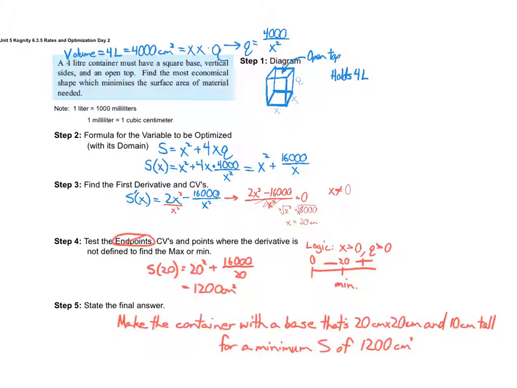And by the way, if you write out your full answer like that, then even if you weren't sure what they are actually looking for when they say most economical shape, you're not going to get counted off for giving a little more information than they're looking for, as long as you communicate everything clearly. We're going to make this with a base that's 20 by 20 and 10 centimeters tall. That's really what they're looking for. We added in that the surface area would be 1,200 square centimeters, so that's nice to know as well.